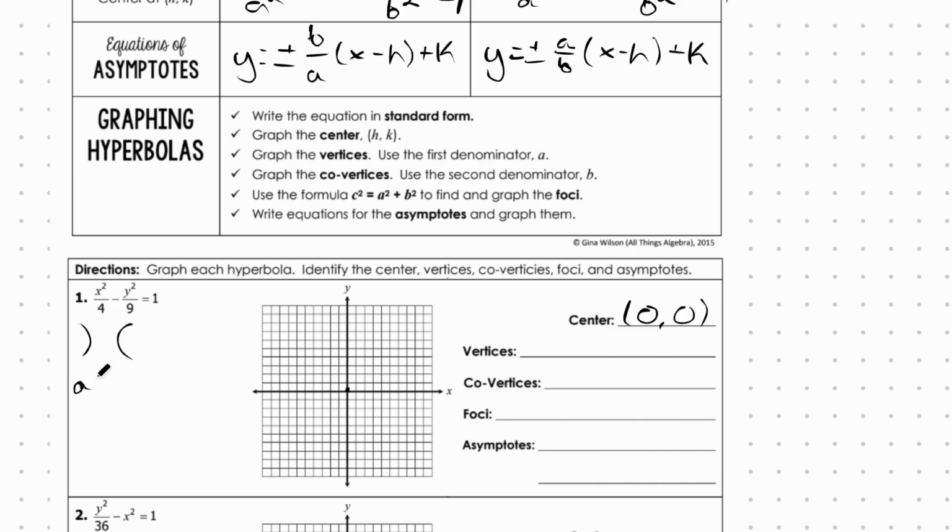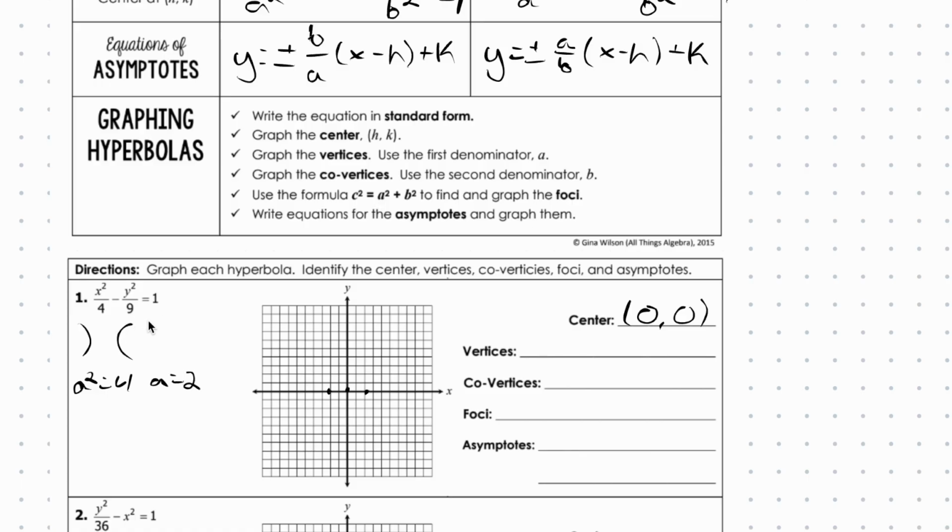So a squared equals 4. That means a equals 2. So I'm going to move 2 units left and right in the horizontal direction because x is our first term, my bad.